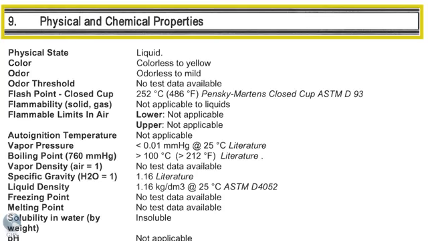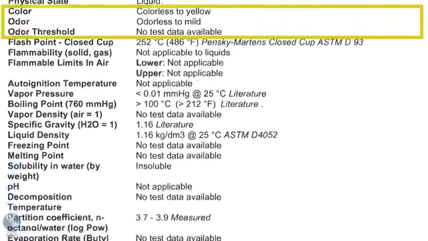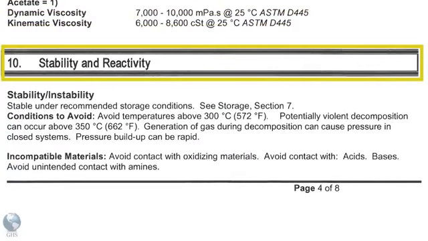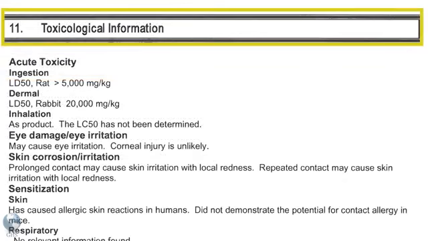Section 9, Physical and Chemical Properties, lists the chemical's characteristics. Section 10, Stability and Reactivity, lists chemical stability and possibility of hazardous reactions. Section 11, Toxicological Information, includes routes of exposure, related symptoms, acute and chronic effects, and numerical measures of toxicity.